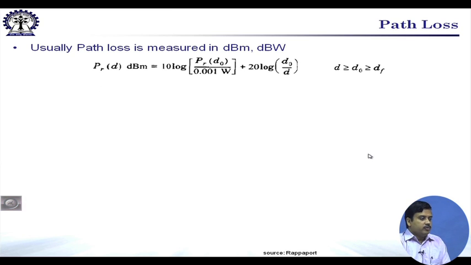Right. Moving ahead. For this particular expression, the received signal strength would be PR d in dBm as the received signal strength at d0 divided by 1 milliwatt, plus the logarithm of d0 by d. There was 10 log d0 by d, and there was a square in the above, this 2 has come out. So, instead of 10 log, we now have 20 log.